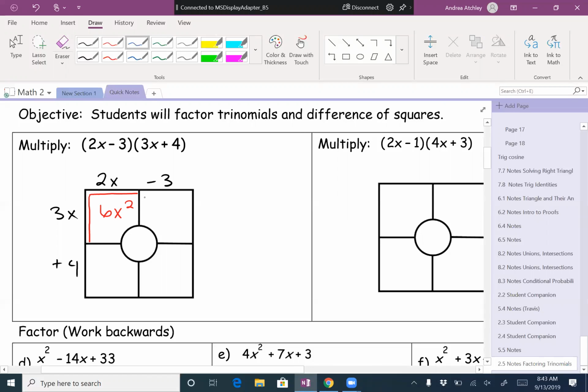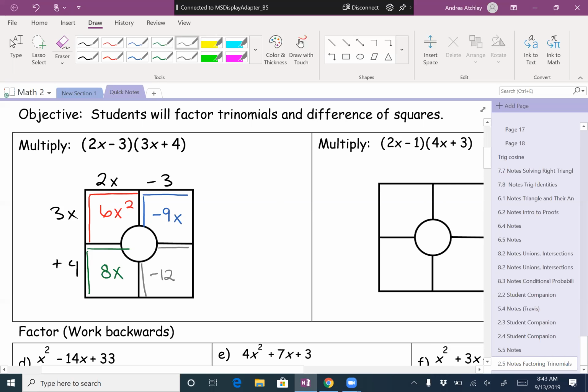I got the negative 3 times the 3x, and that gave us negative 9x. We have the 2x times the 4, and that gave me 8x. And we have the negative 3 times the positive 4, and that gave me the negative 12.